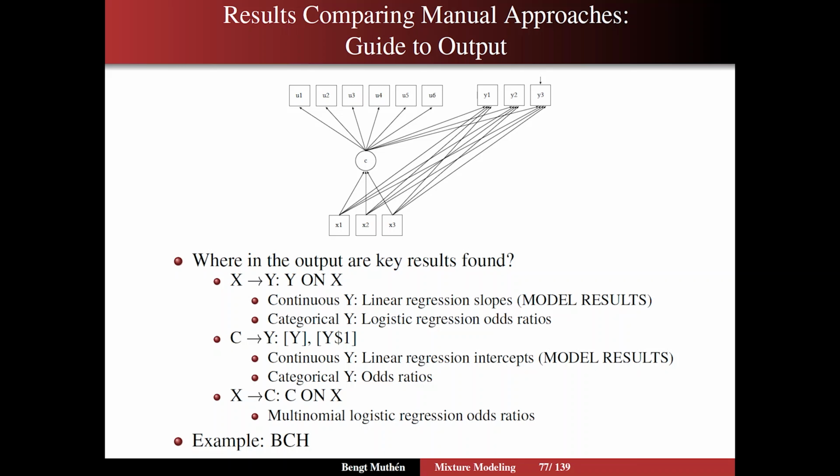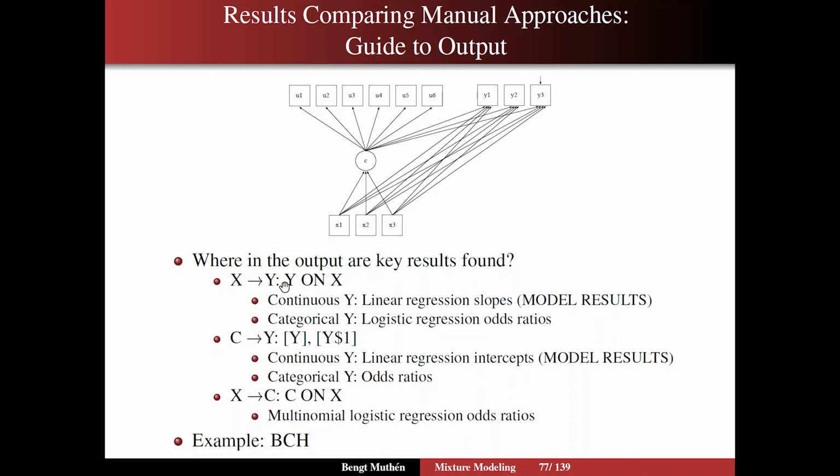And I like to summarize the parts of the results by using these causal arrows: the X to Y influence, the C to Y influence, and the X to C influence. So X to Y is what we're showing here on the right side of the figure.